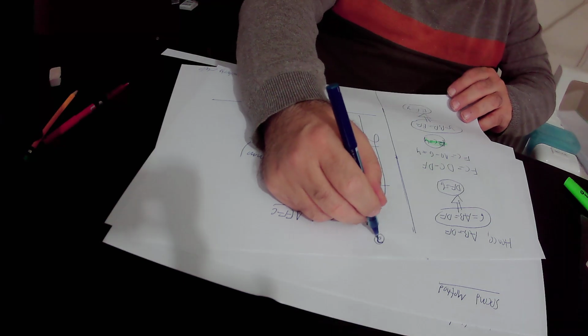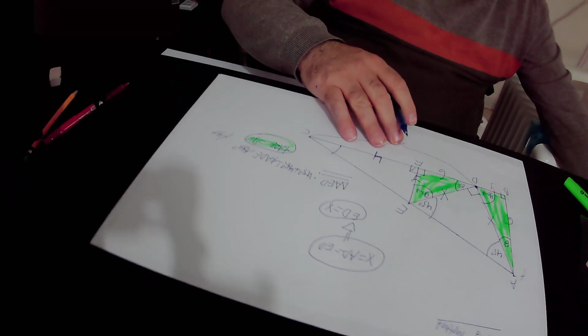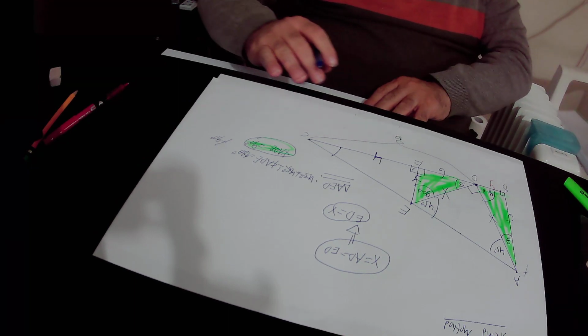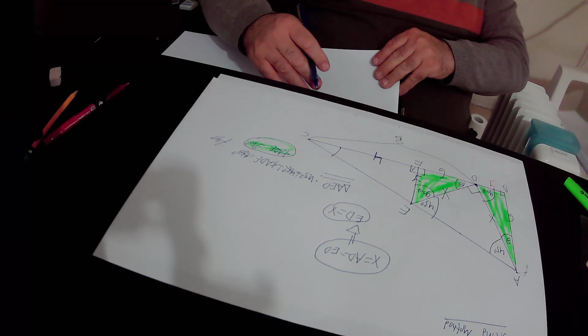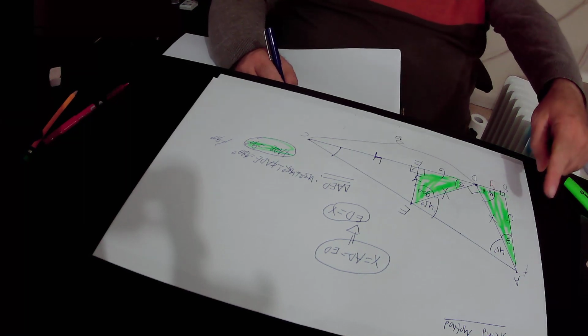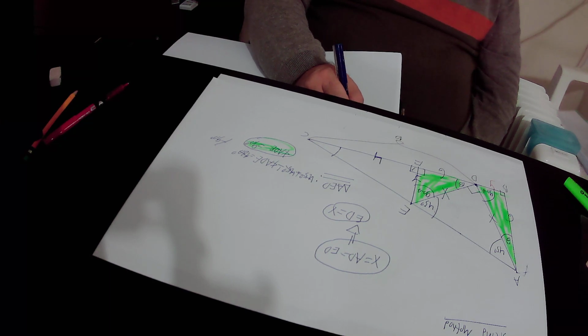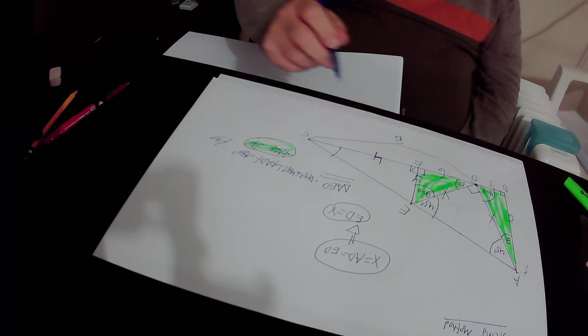And from the fact that triangle ABC is similar to triangle EFC, we will derive that AB over BC is equal to EF over FC.